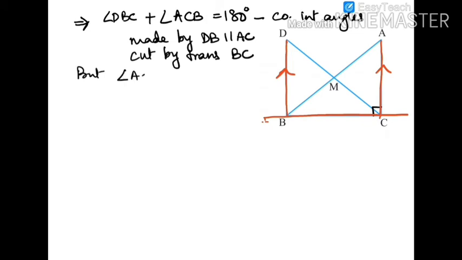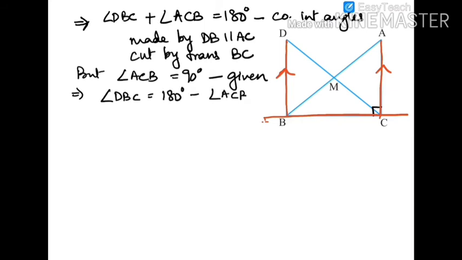But angle ACB is equal to 90 degrees, that is given. So this implies angle DBC is 180 degrees minus angle ACB, and that is equal to 90. So we have proved the second part of the question.